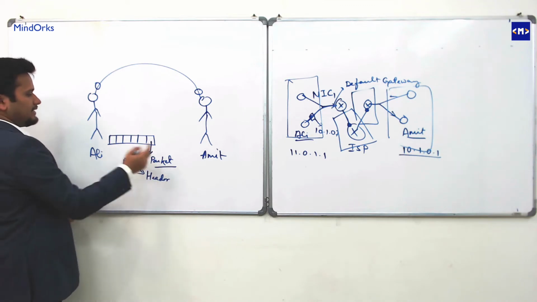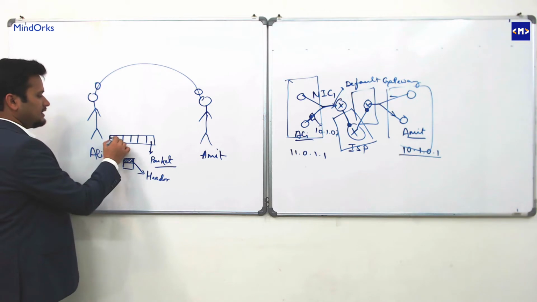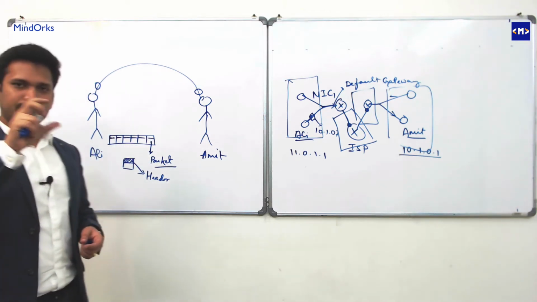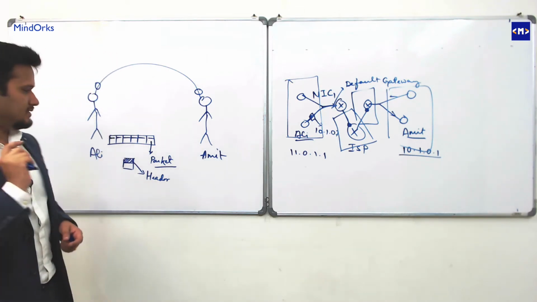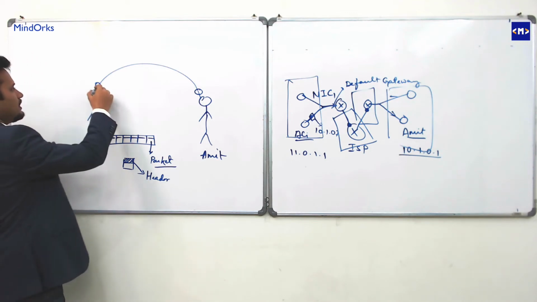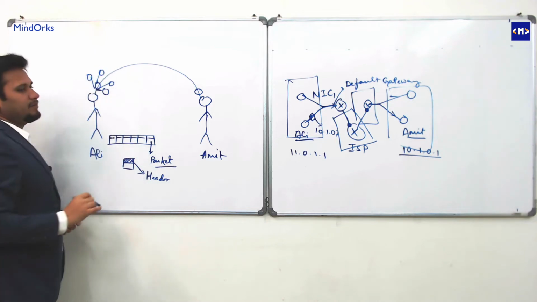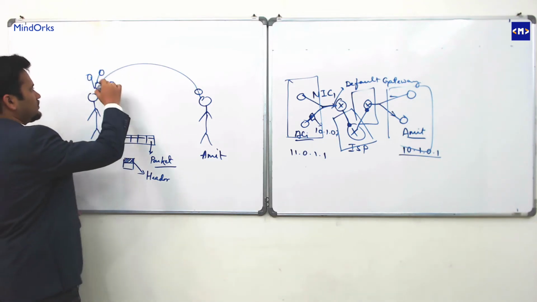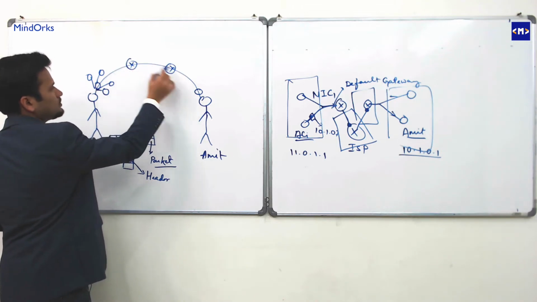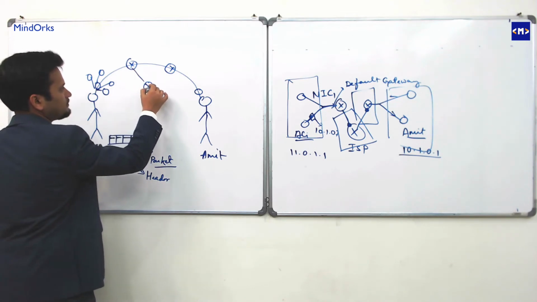So I broke my message into various packets. For each packet I define a header; I write some bits in each packet that carry the information about that packet. And now all my packets move independently on this network. Suppose one packet goes through these routers, another packet can go through this router.